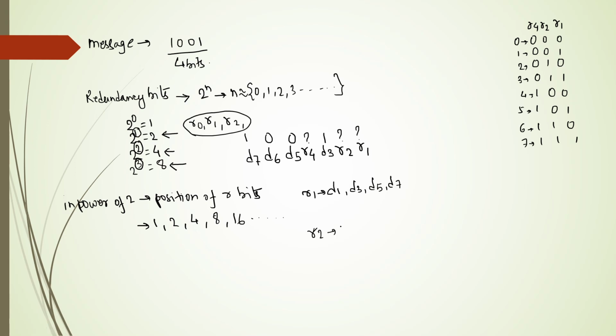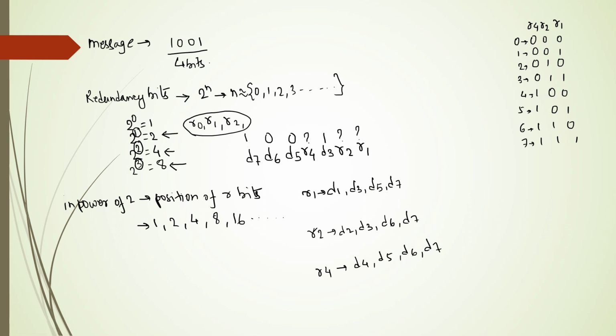So we will have data 2, then data 3, then data 6, and lastly data 7. And for R4, what do we have? We have data 4, data 5, data 6, and data 7. Am I clear?